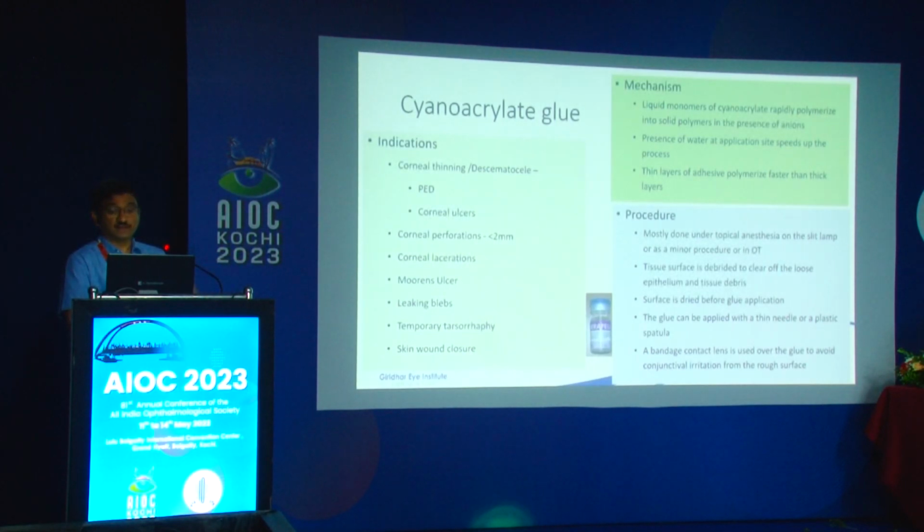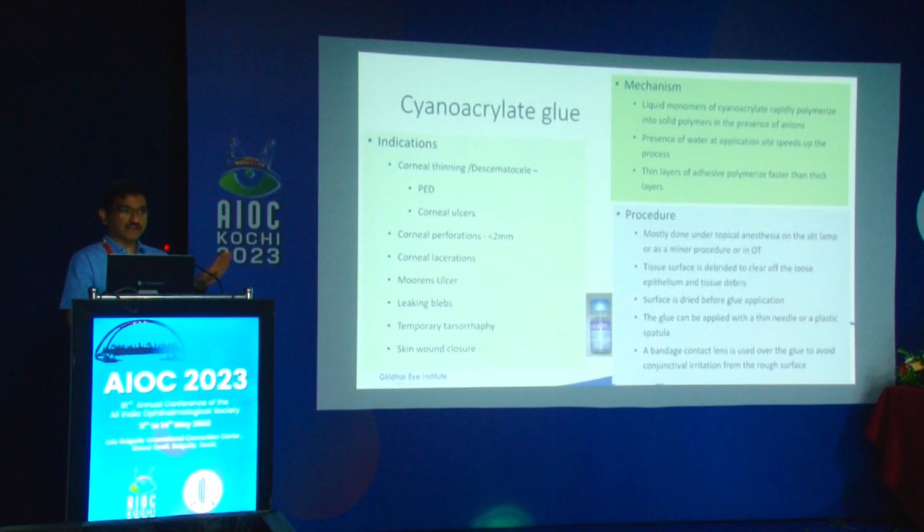The mechanism is that these are liquid monomers which result in polymerization when they come in contact with water. So water is essential, but then we always dry the surface. The procedure is mostly done under topical anesthesia. What is most important when we do glue is to debride the surface of the epithelium and the necrotic tissue, and then dry it.